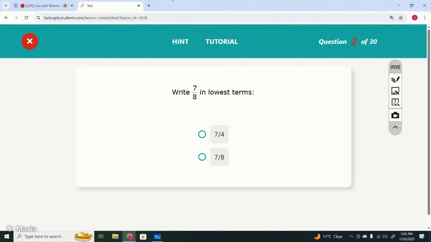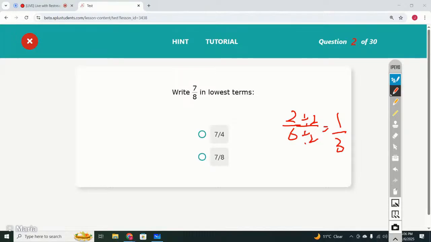Write 7 over 8 in lowest term. So we need to find the greatest number that can divide both numerator and denominator. So 7 is a prime number, right?